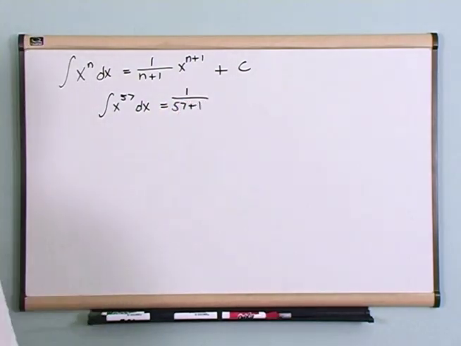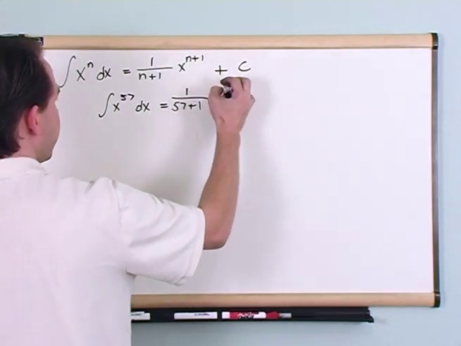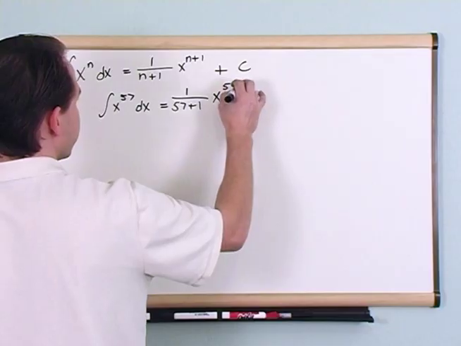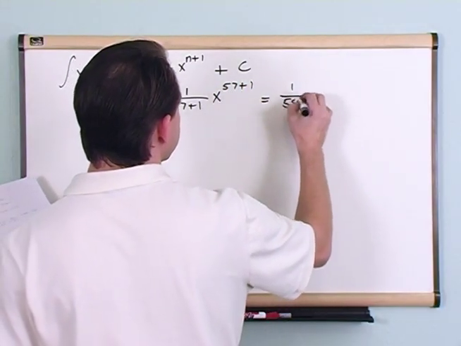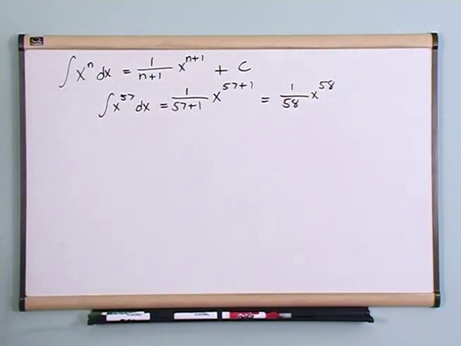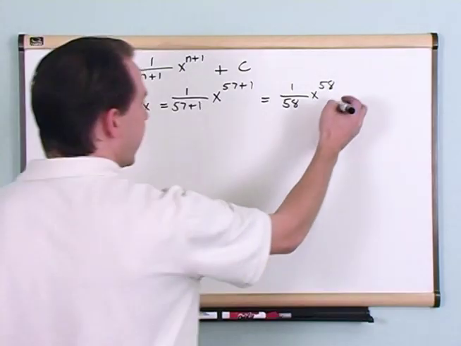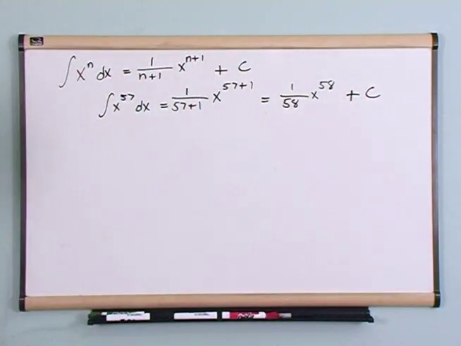You just add 1 to the exponent. Put the x there, and then you add 1 up here, so that would be 57 plus 1. So in the end, you would have 1 over 58 x to the 58th. That is the answer. Of course, you can't forget the constant of integration over to the side. If you forget to put those c's down, you're probably going to get points taken off on your test. So don't forget that.